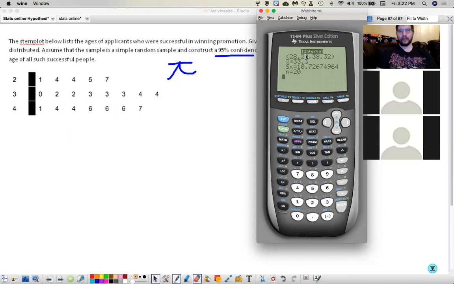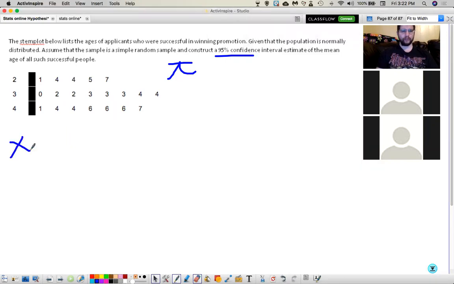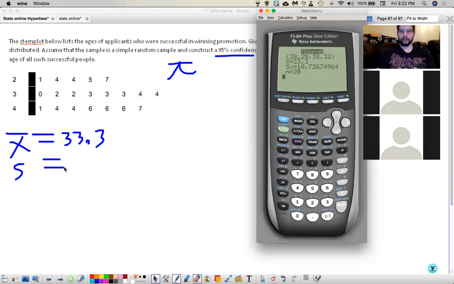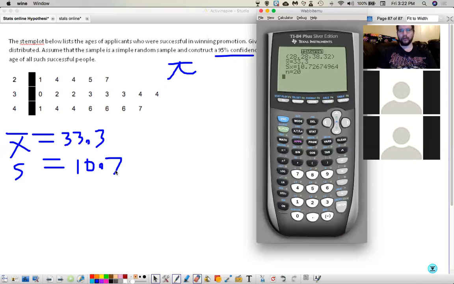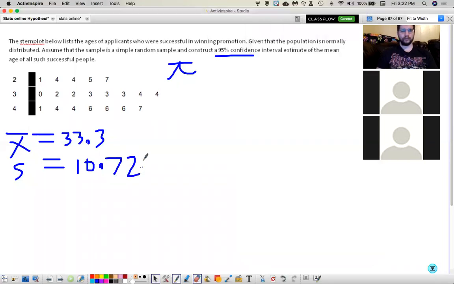So this is my answer, but what I really wanted from here was X bar and S. X bar is 33.3. S is 10.7. Let me go a few decimal places more just to have less of a rounding issue.